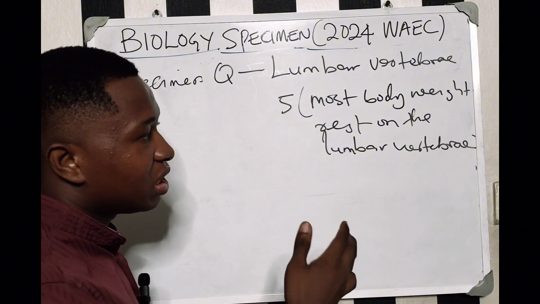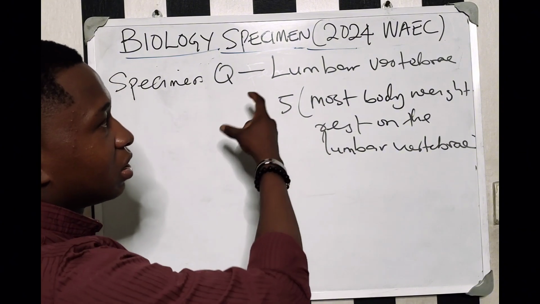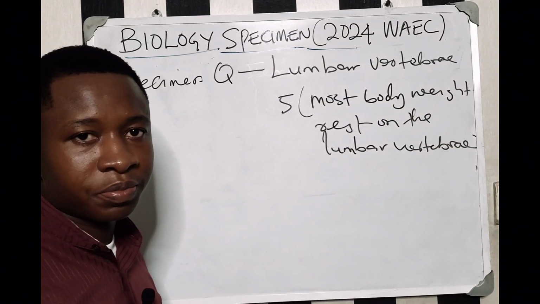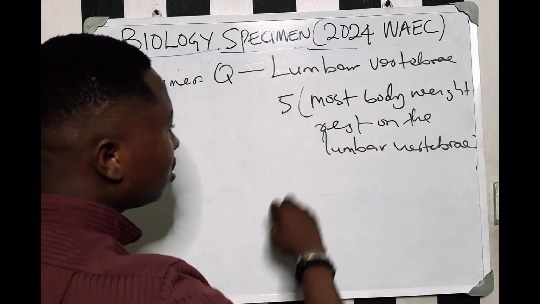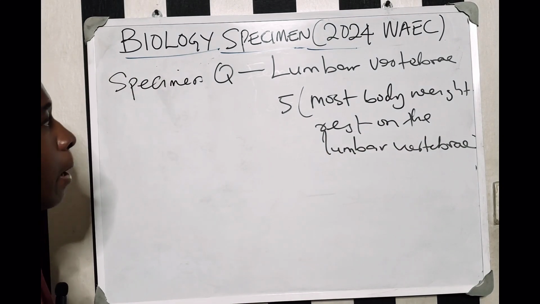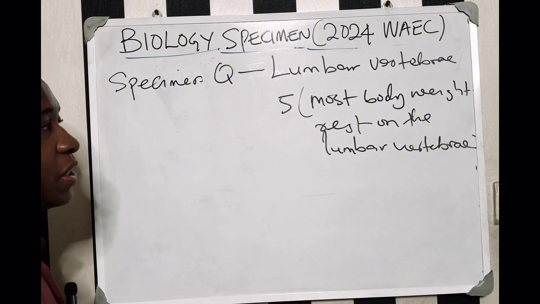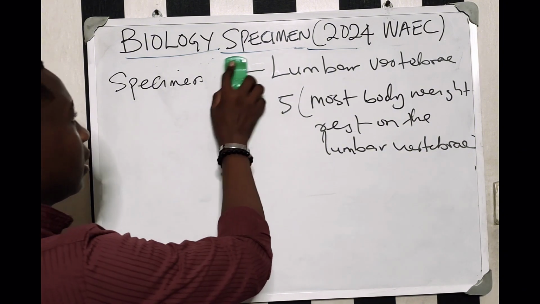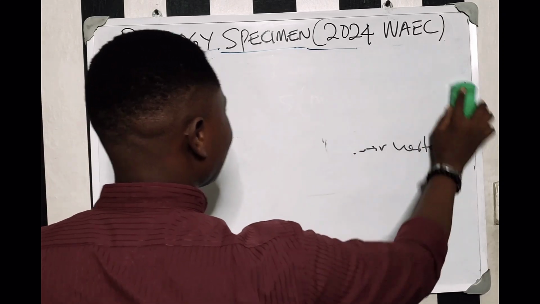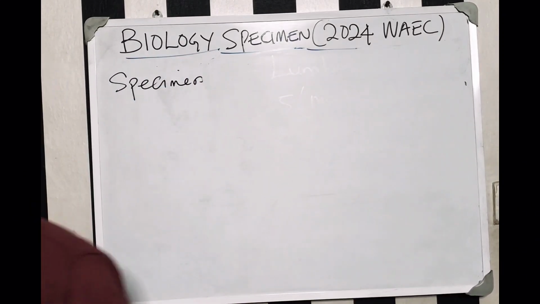It comes immediately after the thoracic vertebrae. So that is that about specimen Q. You should learn how to draw the vertebrae as well. So that's that.